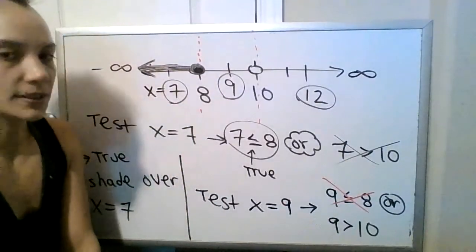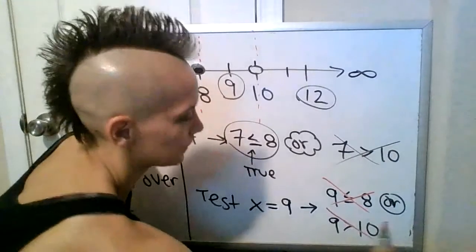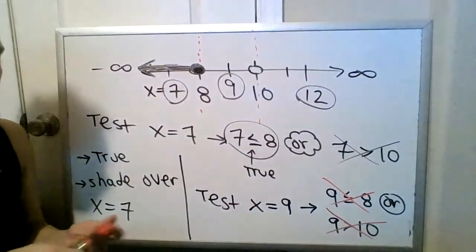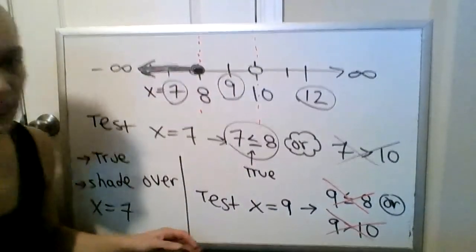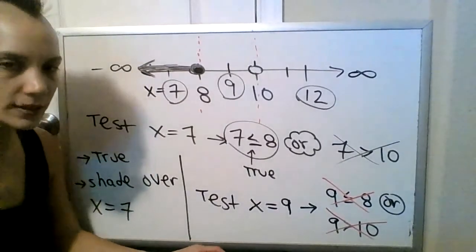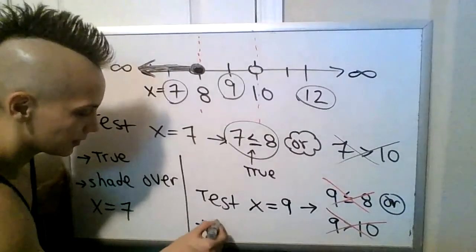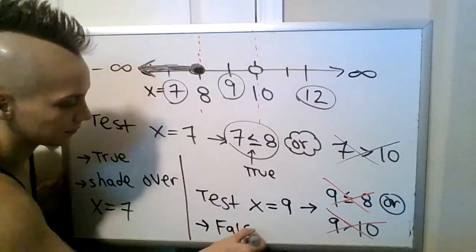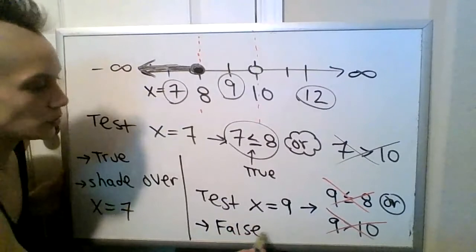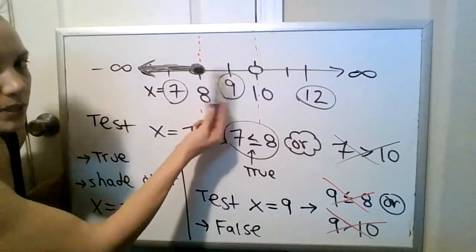Also, the next one is false. 9 is not greater than 10. So if neither of the statements are true, then this is going to be a false statement. So do not shade over x equals 9.